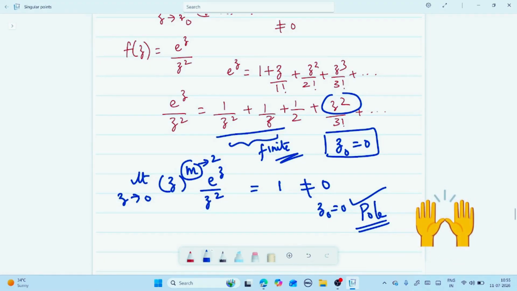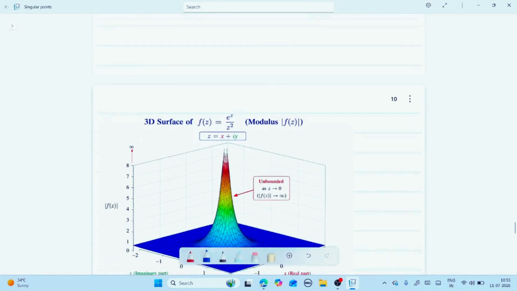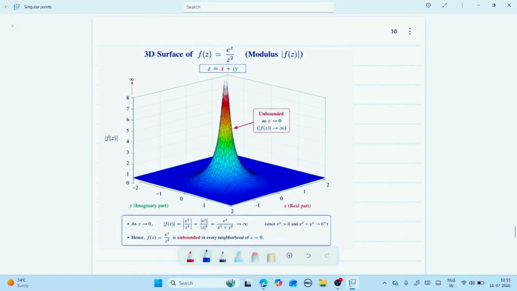Now, this can also be visualized using a 3D graph. You can see this here. So, the function f of z is e power z by z square, and you can see that the function is unbounded in the neighborhood of z equal to 0.